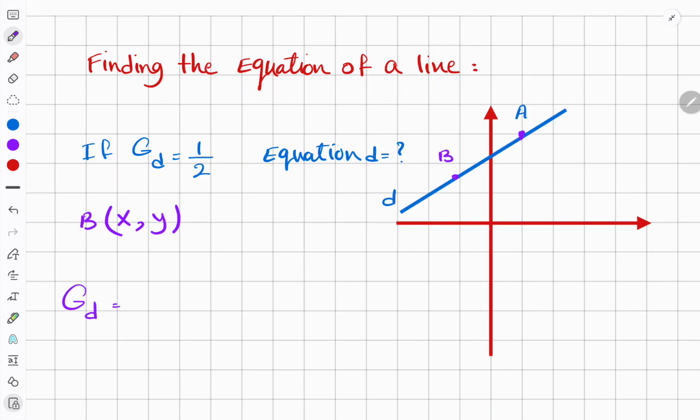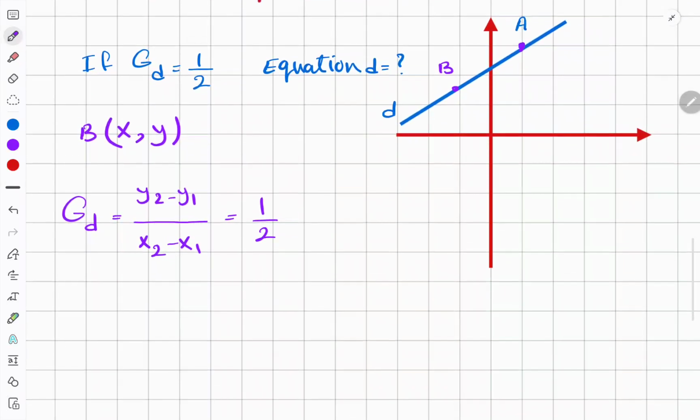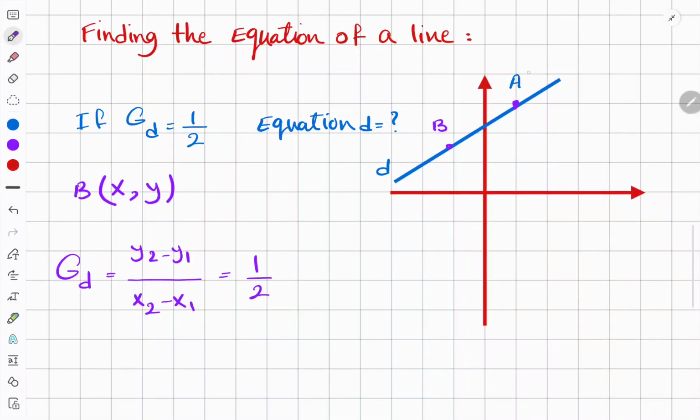So the gradient of D is difference of y's over difference of x's, which is 1/2. So we know that the coordinates of A is 1 and 3.